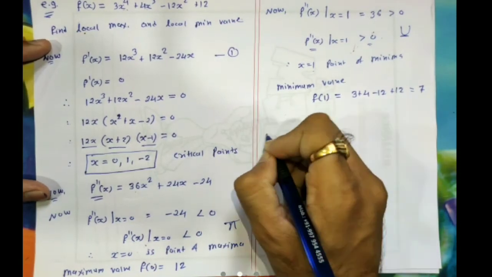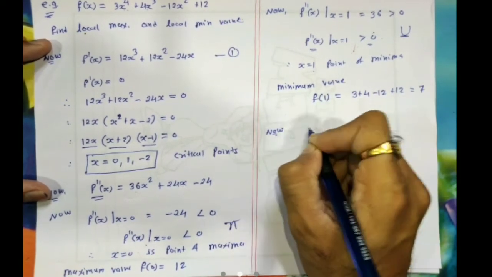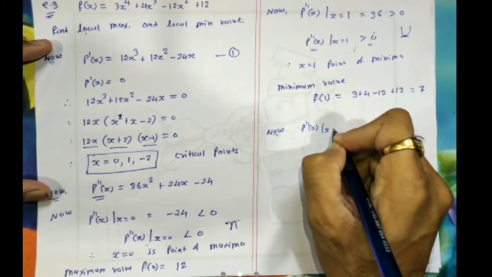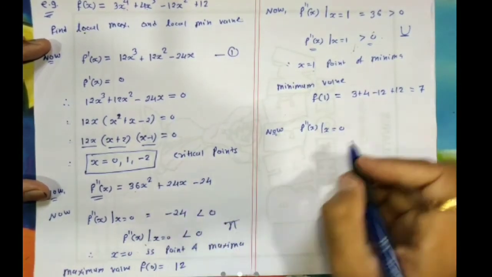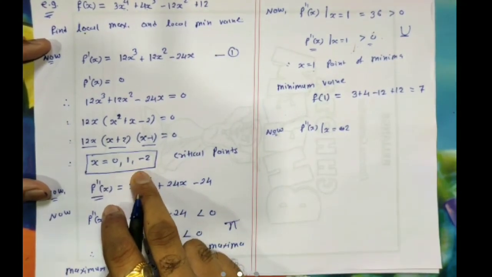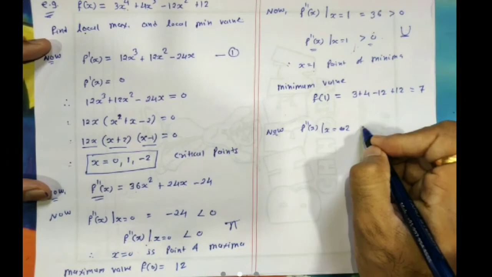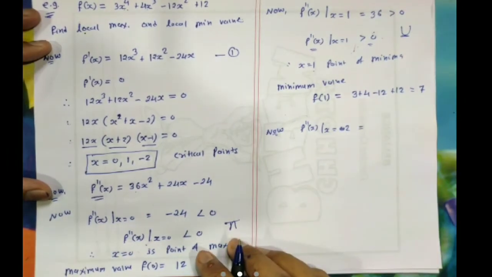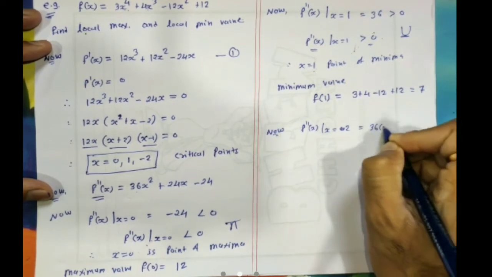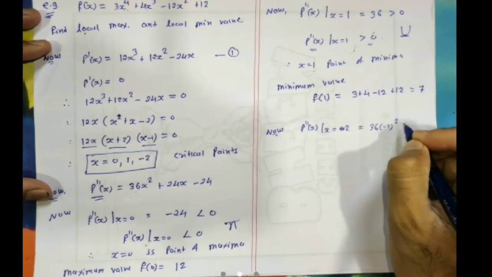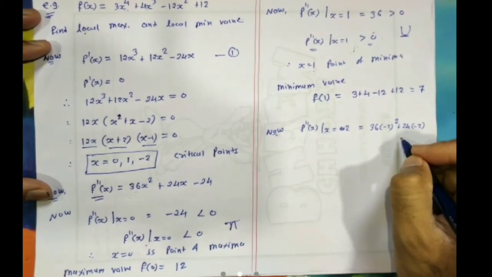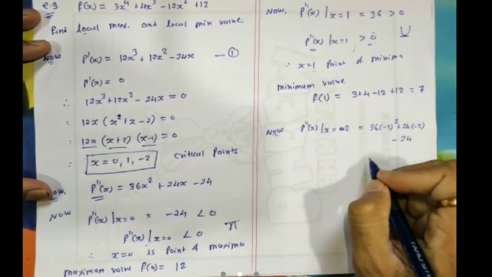So now finding the second order derivative test value at x equal to minus 2. x equal to minus 2 is the third critical point. So the value of that function at minus 2 will be, look, here you have to put minus 2. So it's 36 into minus 2 square plus 24 into minus 2 minus 24.